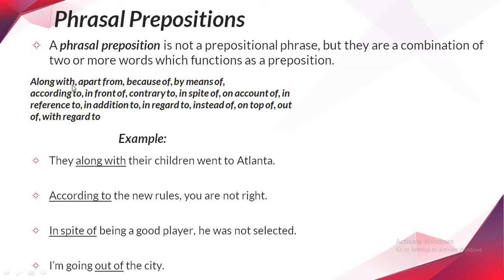So these are the combination of two or more prepositions which gives us the reference to phrasal preposition. For example, they along with their children went to Atlanta.